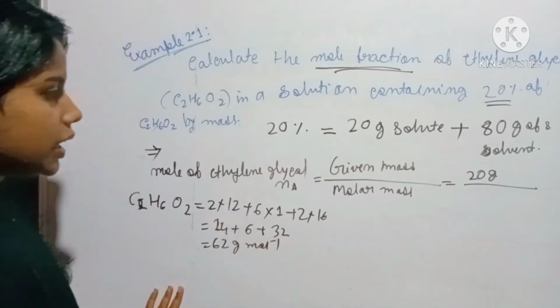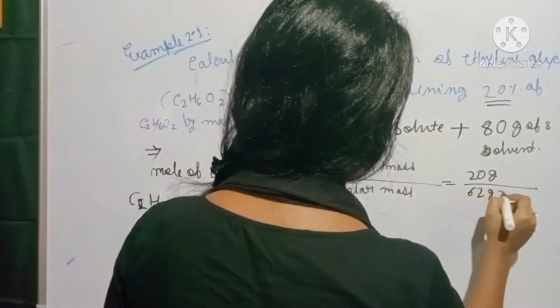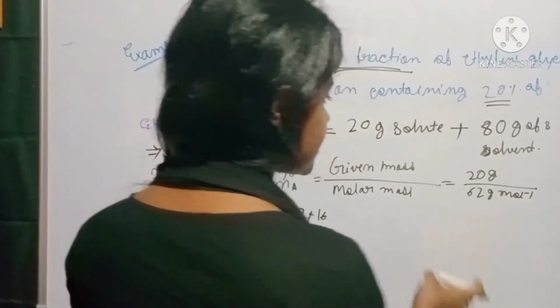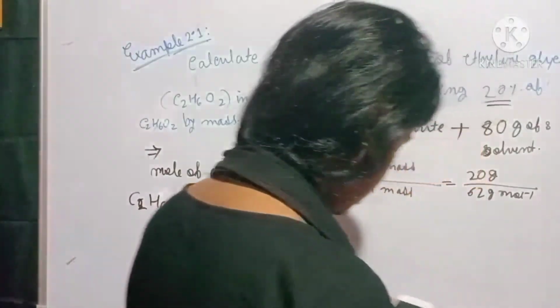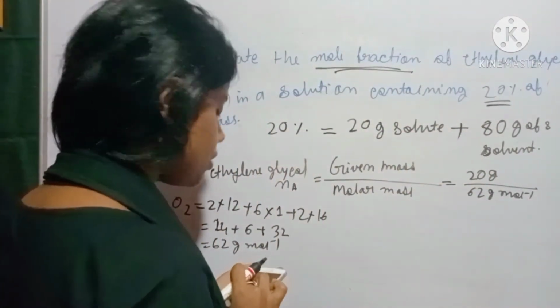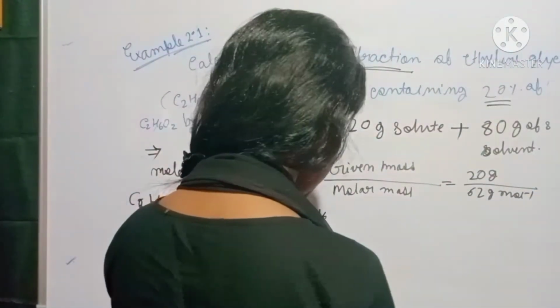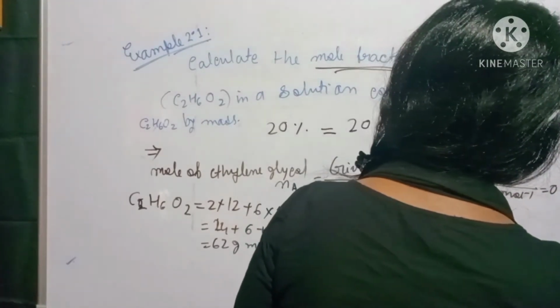Okay, so the molar mass is 62 gram per mole. If we calculate this, 20 divided by 62, we get 0.322 mole.